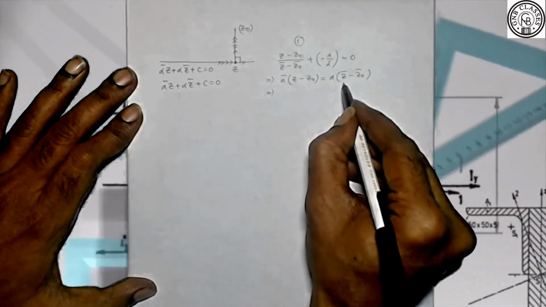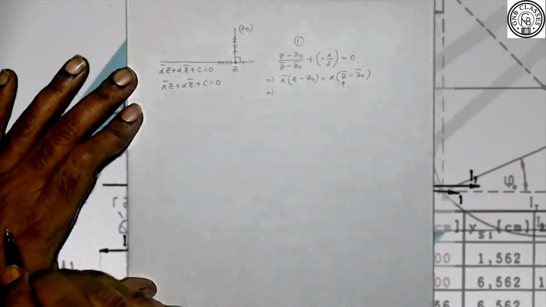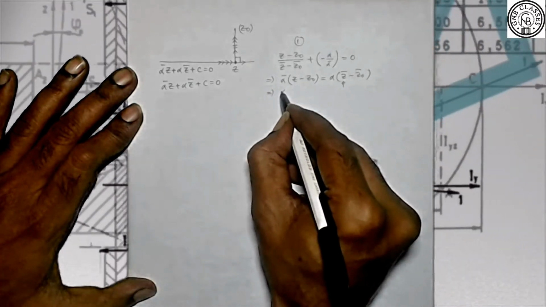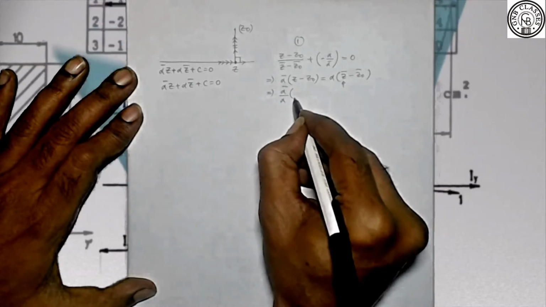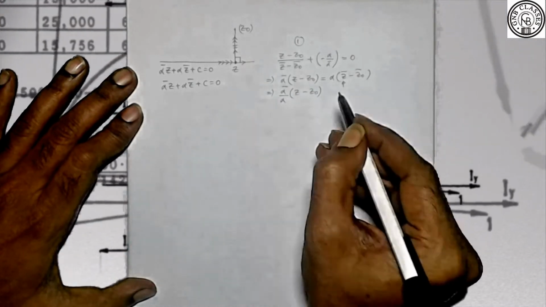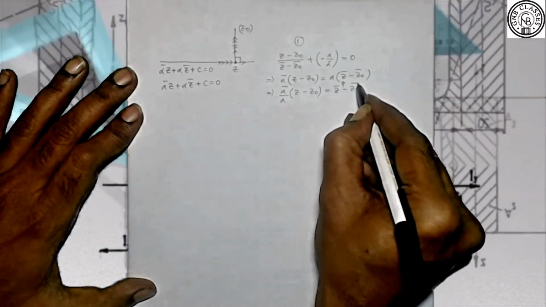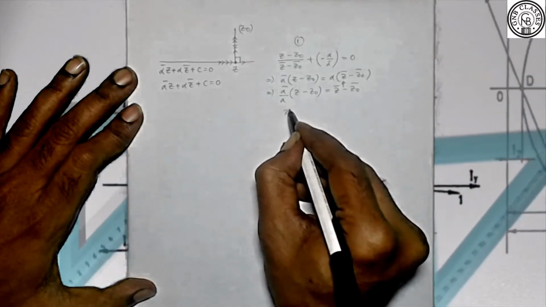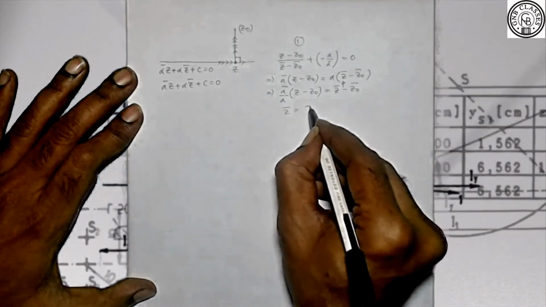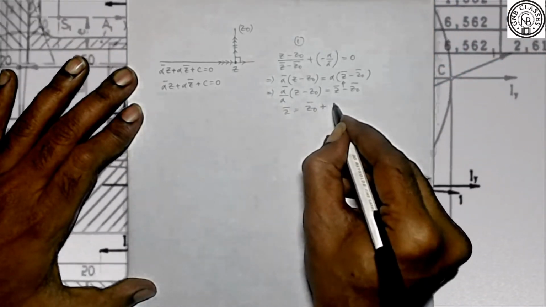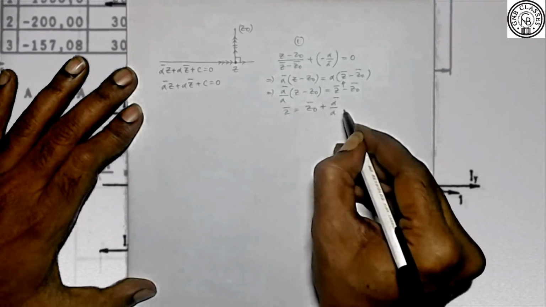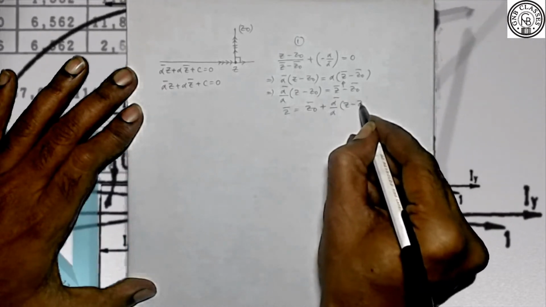Now, from here, I want to find out what my Z bar is. So for that, this is nothing but your Z bar minus Z0 bar. So Z bar gives you Z0 bar plus alpha bar by alpha into Z minus Z0.